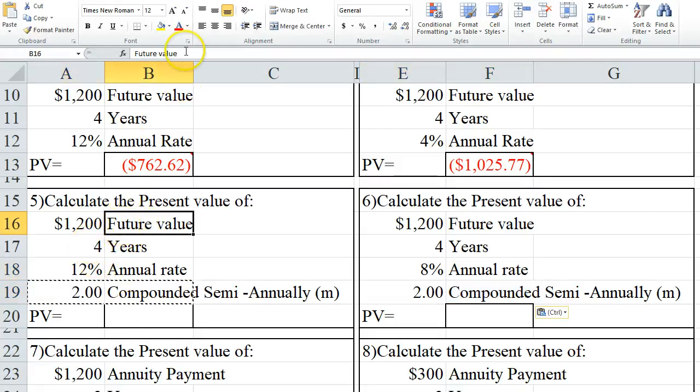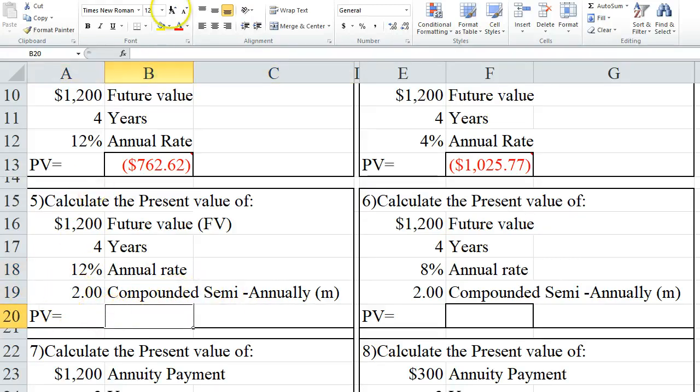And of course we have our future value here, so I'll just label this not N per, this is just years. This is our annual rate, which is not actually our rate. We need to find the semi-annual rate and the semi-annual NPER.